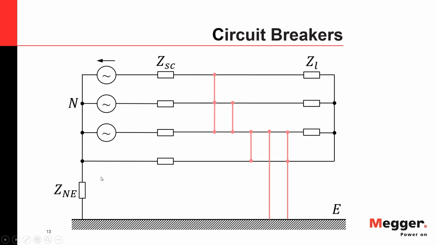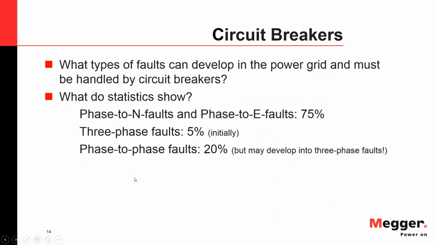There are different ways to ground a network: high impedance, low impedance, resonance with compensation by Petersen coil. But in principle, a circuit breaker needs to be able to handle all of these faults.